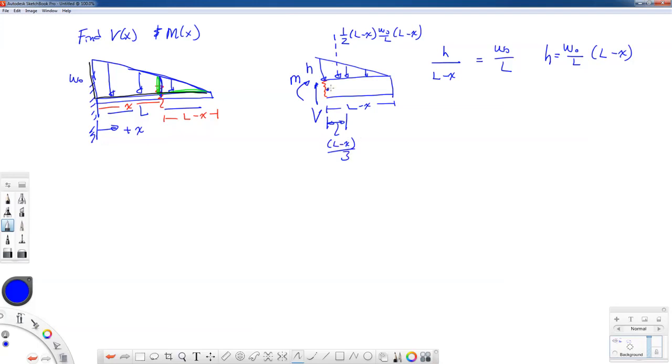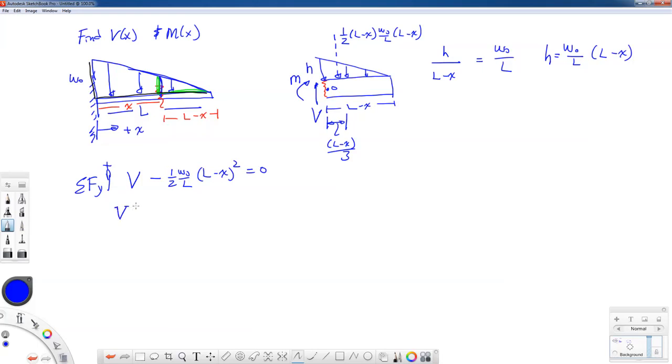So if I call this cut position O, if I do the summation of forces in the y direction, I'll have V minus 1/2 W naught over L times the quantity L minus x squared equal to 0.